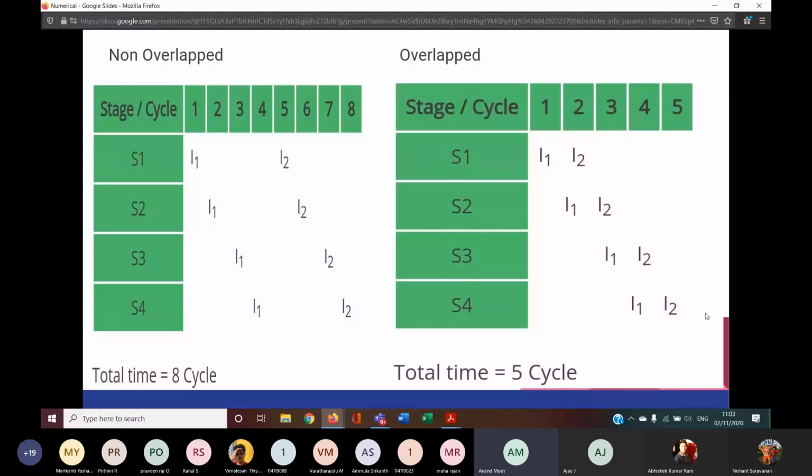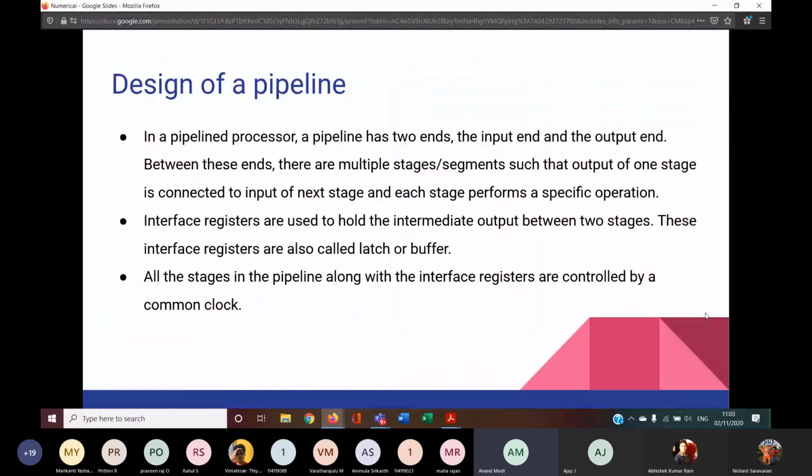So if we go by the method that was hypothetically being done in McDonald's, it's going to take 8 cycles for 2 instructions to execute. But if we overlap the instructions, it's going to be more efficient. This can actually be achieved in even fewer than 8 cycles, if executed properly. We can go to the next slide.